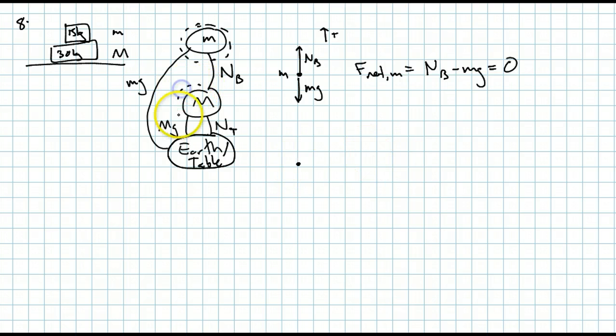Okay, for the lower box, there are three forces acting. There's this NB, that's the Newton's third law partner of that one. So the big one pushes up on the little one, therefore the little one pushes down on the big one with the same size force, opposite direction. There's a normal force up from the table and an mg down. This is a bigger mg, so I'm going to make it a longer vector than that one was.